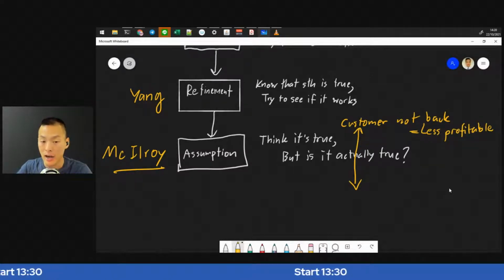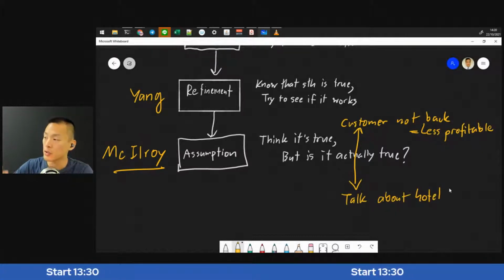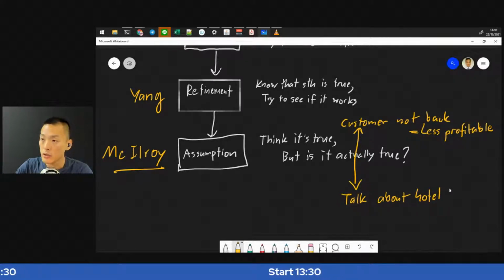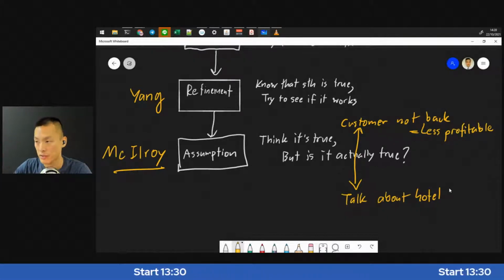However, they might talk about your hotel. If they use the discount card to come into your hotel and use your service and they're really happy about it, even though they might never come back, maybe every time people talk about going somewhere, they will bring up your hotel to their friends because they were so impressed by your services.